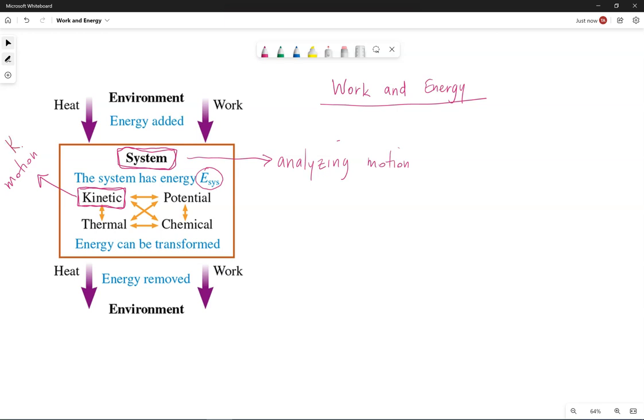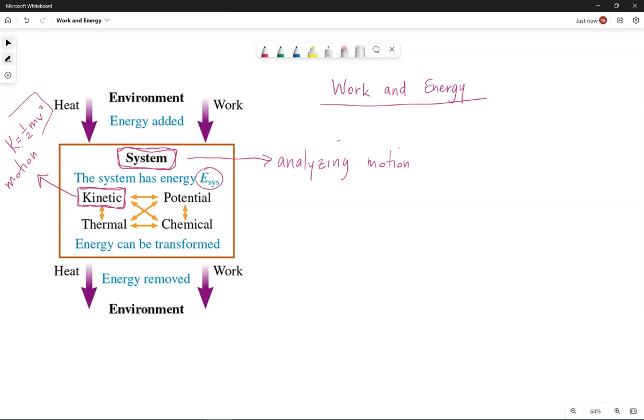In our general equation for kinetic energy, we're going to use a capital K to represent kinetic energy. The amount of kinetic energy an object has is directly related to its mass and how fast it is traveling.